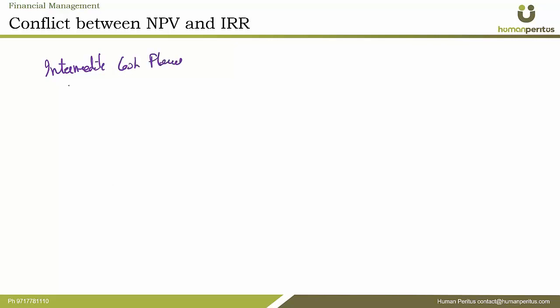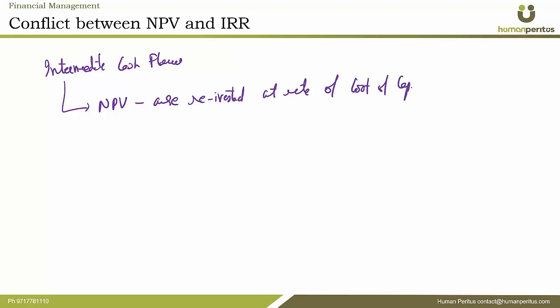So guys, what happened? NPV assumes that intermediate cash flows are reinvested at what rate? Reinvested at the rate of cost of capital.